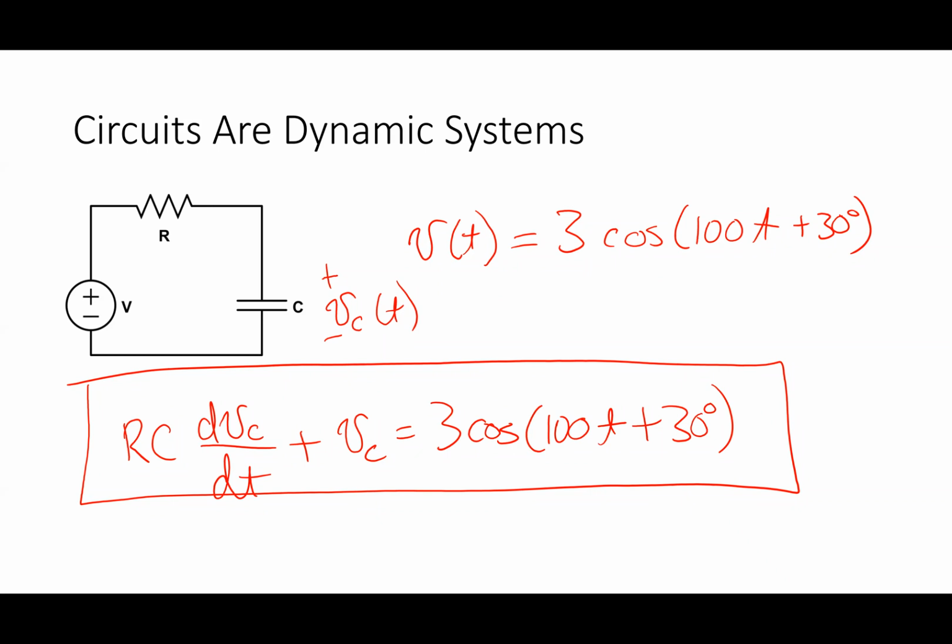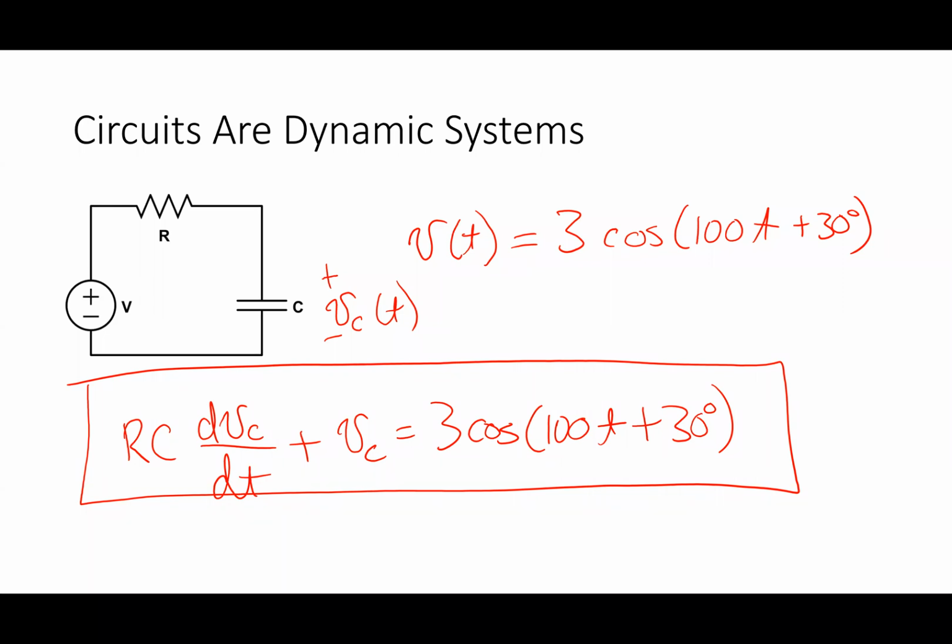So the key point that I was trying to make there is, this is the truth, right? This has two parts to the solution, correct? What are the two parts? One is the steady state, and the other is transient, okay? If I do impedance, which one of those do I get? The steady state or the transient?